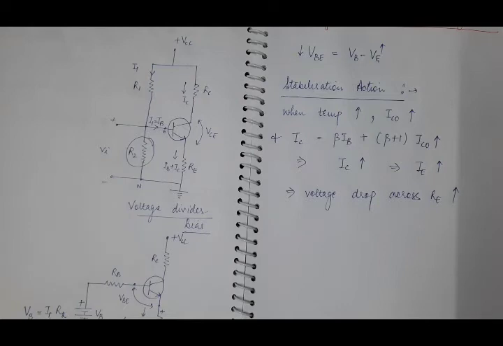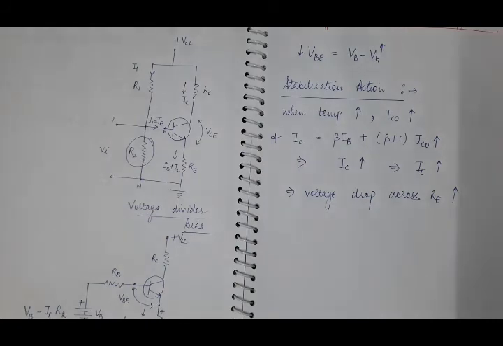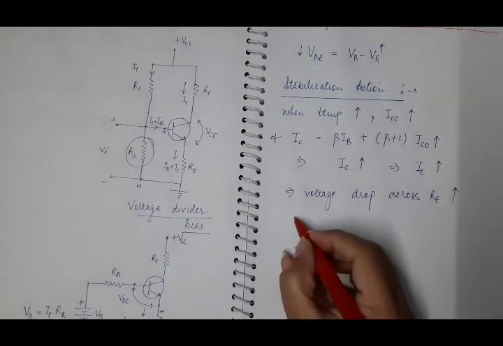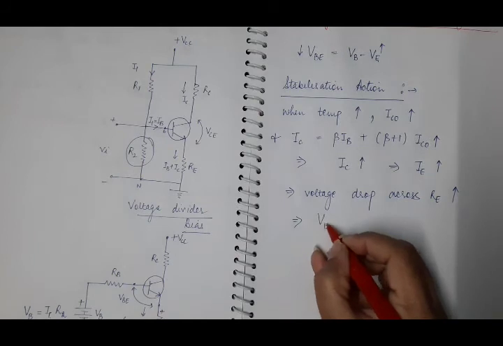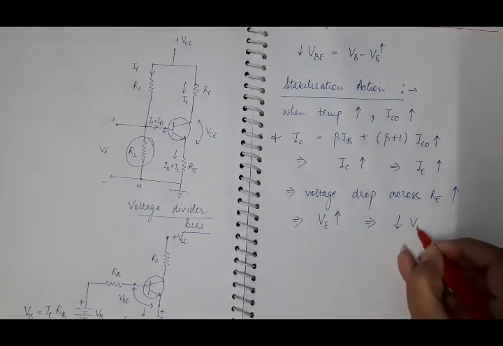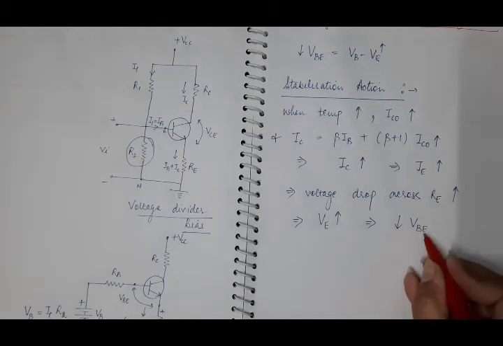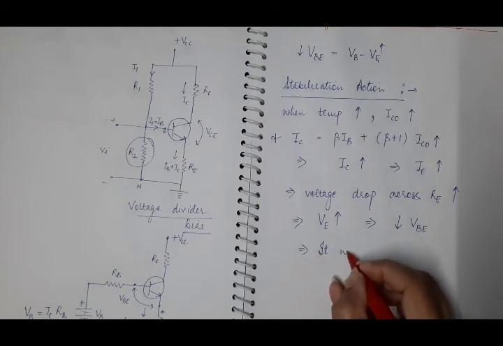But it will still provide forward biasing, just decreased. If this decreases, then base current will decrease. So this implies VE increases, it will decrease VBE, that is the net forward bias to the base-emitter junction, and it will reduce base current.